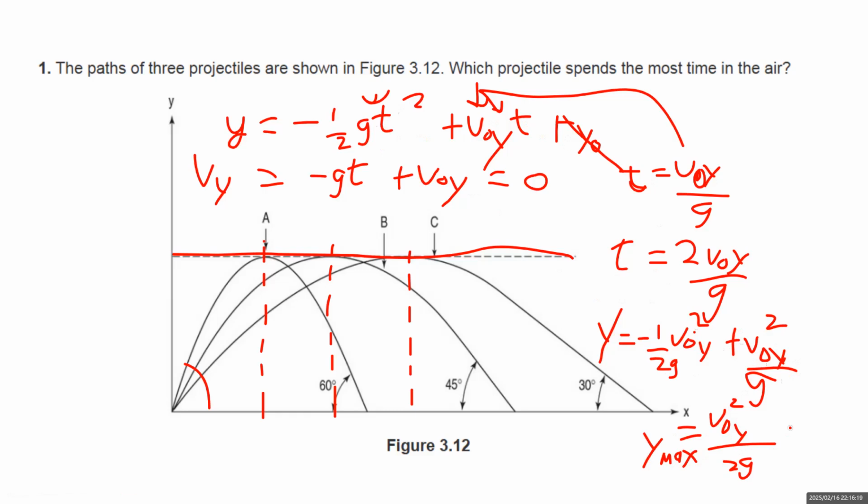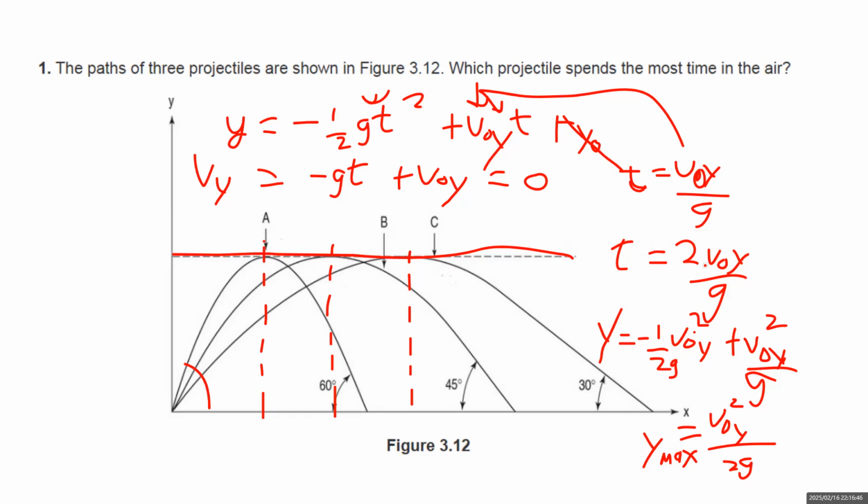Now, notice then since all these y max points are the same, the y component of velocity must be the same for all of these, A, B, and C. And because of that, the time to land must be the same for all of them.